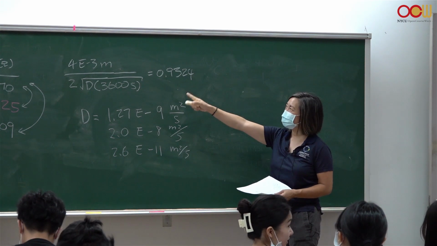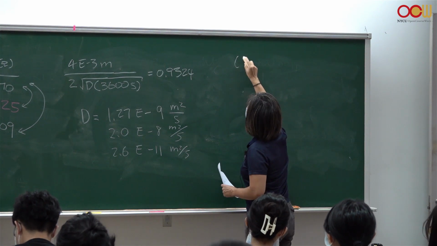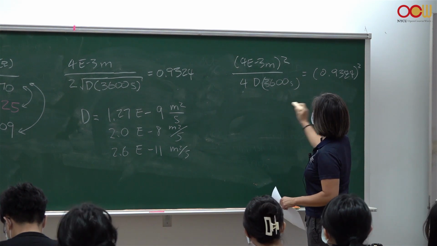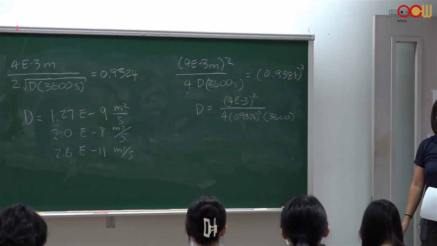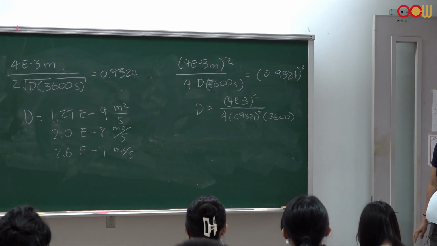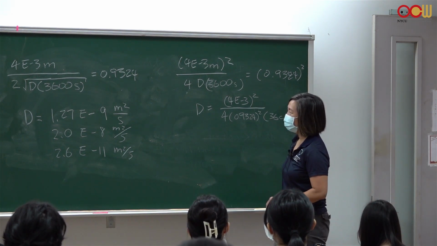You would square both sides, right? Okay. You move D over to this side, that's over. So D equals, do we get a fourth number? I think it should be 1.28 times 10 to the -9.